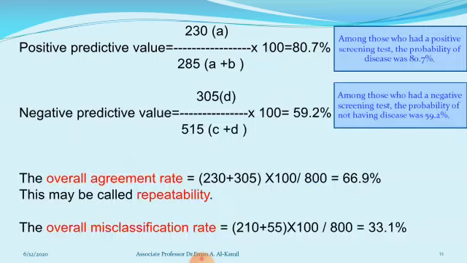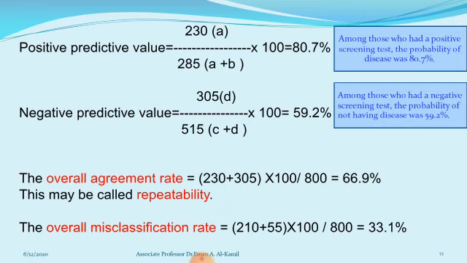So the positive predictive value, as we mentioned, we calculate by the row. How many are truly positive from those who are diagnosed positive by the screening test. So the positive predictive value equals the true positive A divided by the total positive by the screening test, which is A plus B, and equals 80%. That means among those who had a positive screening test, the probability of the disease was nearly 81%.